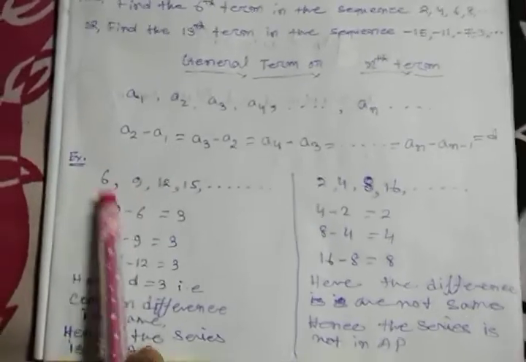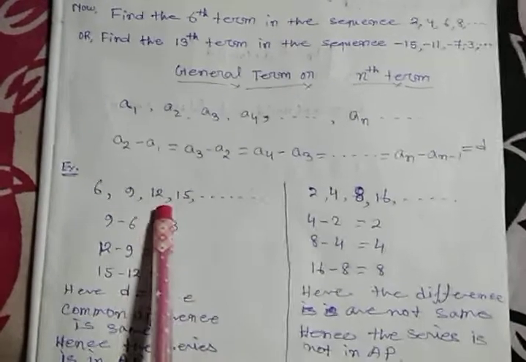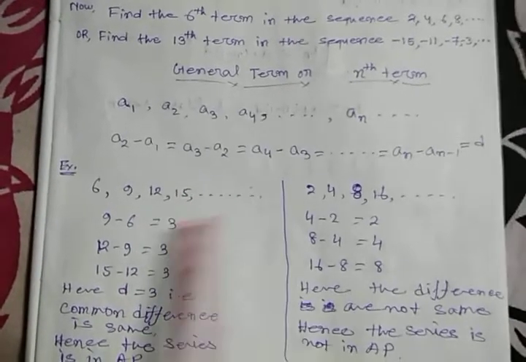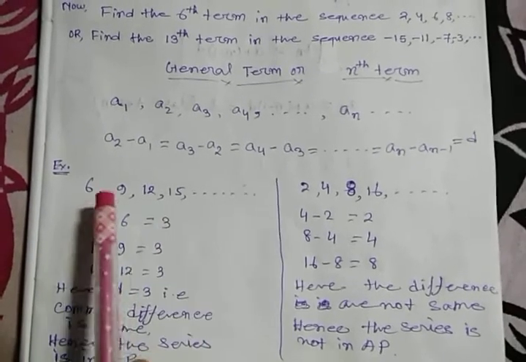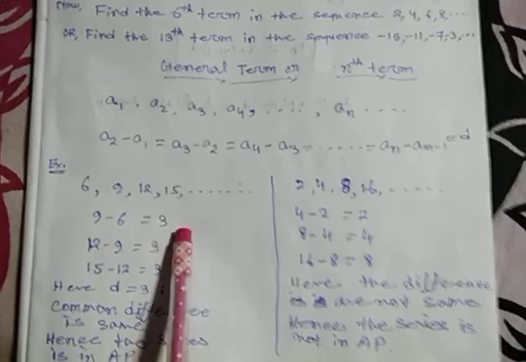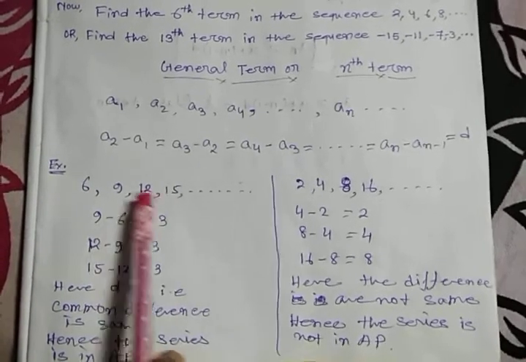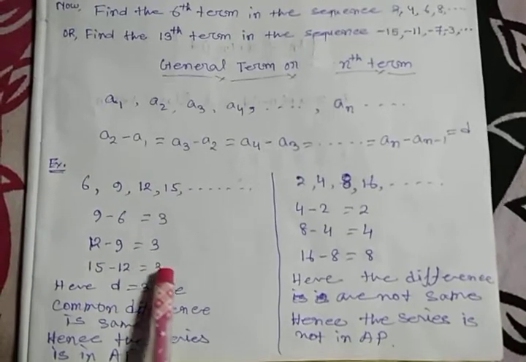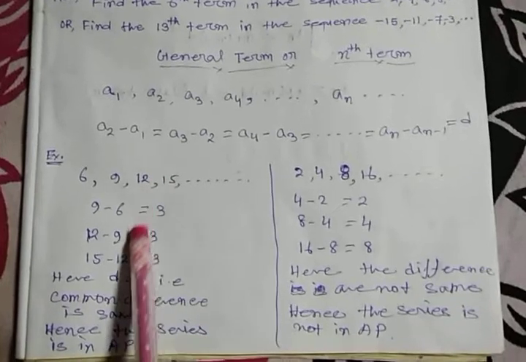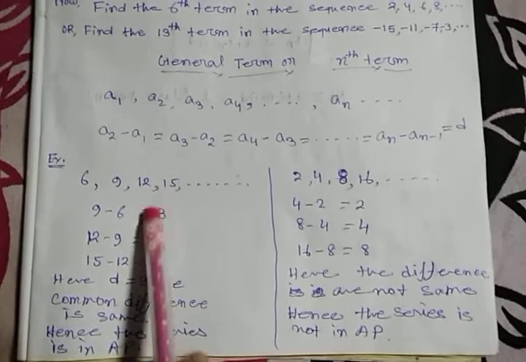For example, suppose 6, 9, 12, 15 and so on. So 9 minus 6 is 3, that means second term minus first term is 3. Then third term minus second term, that is 12 minus 9, is 3, and fourth term minus third term, that is 15 minus 12, equals 3. So you can see that the differences are the same here.